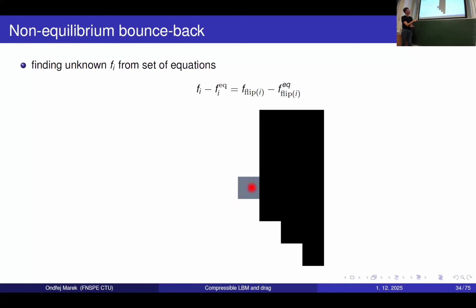So you have the velocity that goes into the wall, like 3, 0 or 3, 1, but you don't know the velocity -1, because that should have come from here. So what you do instead is set up this set of equations. Here, the ansatz is that the non-equilibrium parts of the i and the flipped i, so the -1, for example, and +1, are the same.